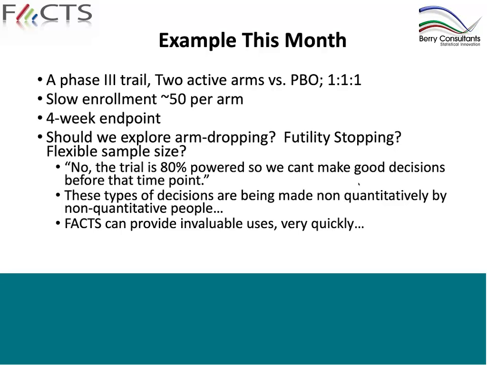That goes all the way back to the beginning, where they don't understand power, all of these misinterpretations. It's our fault that they say things like this. We had to back them away from this and say that they're trying to make quantitative decisions by non-quantitative people, and that's what we need to do with facts.